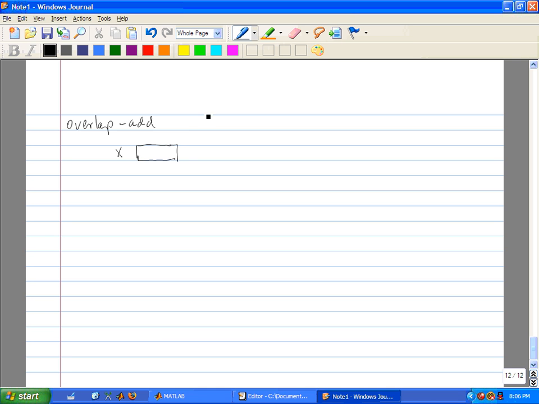Overlap add uses non-overlapping chunks. So here's a chunk, here's a chunk, here's a chunk, and here's a chunk. And let's say each chunk is of length n.